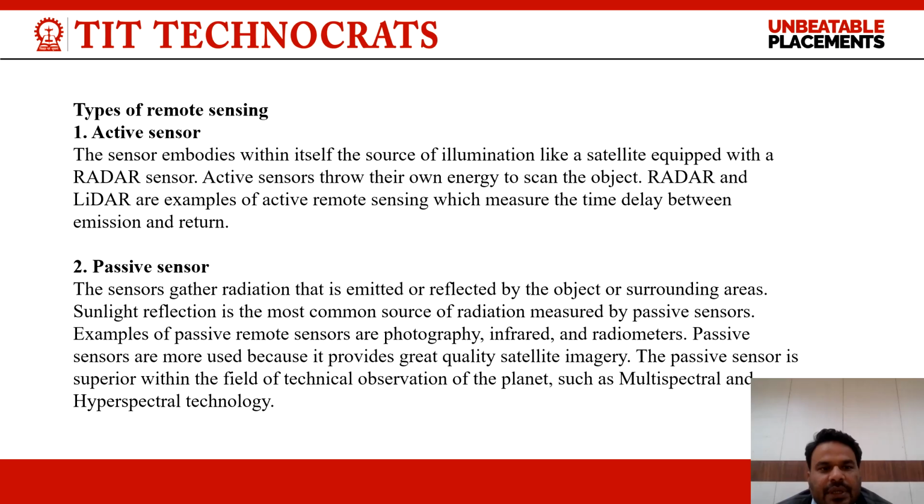Passive remote sensing gathers radiation that is emitted or reflected by the object or surrounding areas. Sunlight reflection is the most common source of radiation measured by passive sensors. Examples of passive sensors are photography, infrared and radiometers. Passive sensors are more used because they provide great quality satellite imagery.